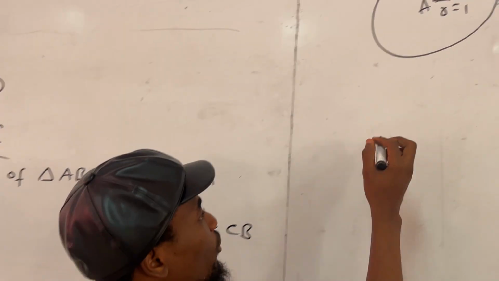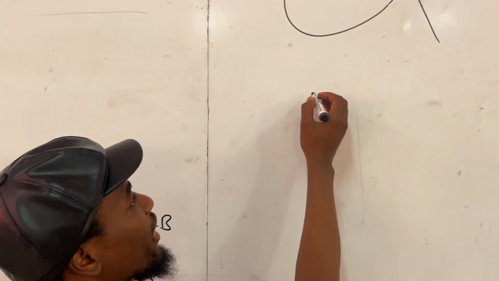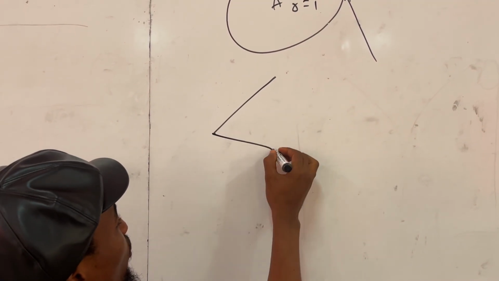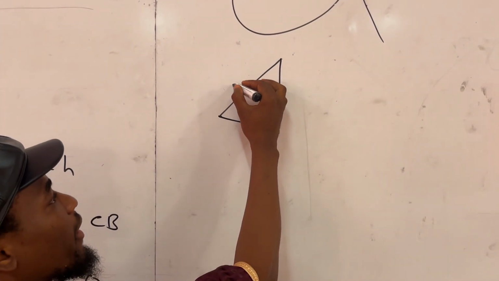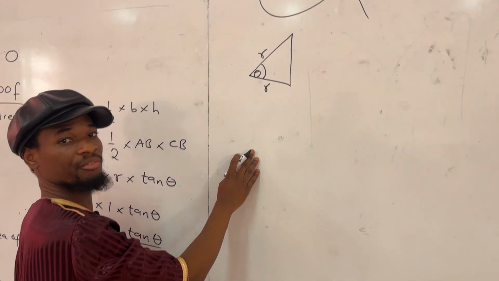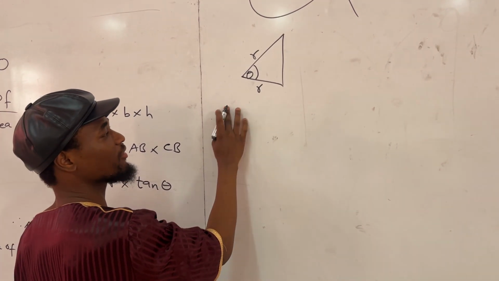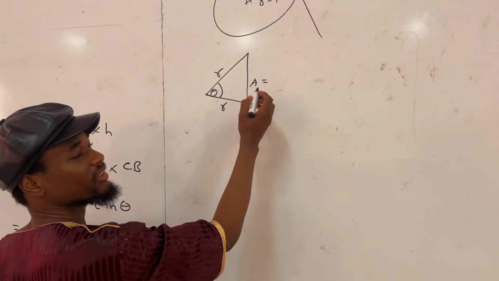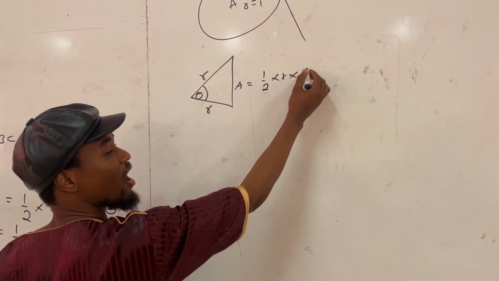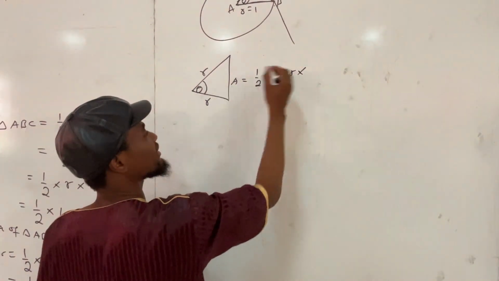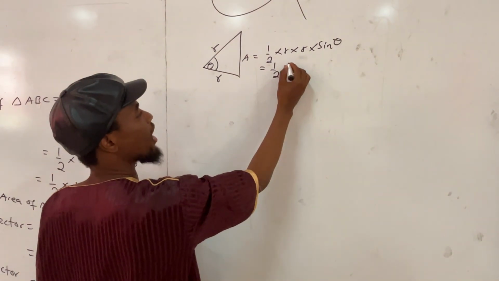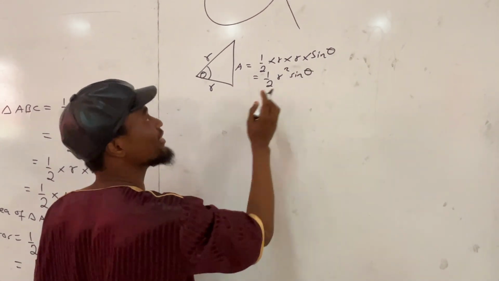So viewers, from pre-calculus, we already know that when you have a triangle this way, let's say a triangle at all, then you have R, then you have an angle this way. Now the area is given by half times R times R times sine of the angle theta. So we'll be having half R squared sine theta.